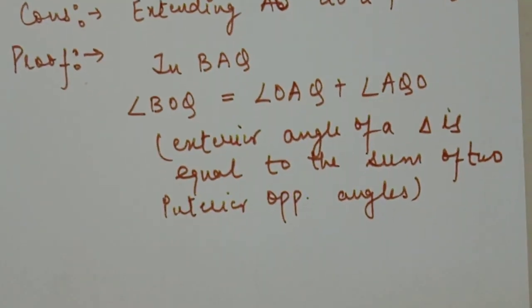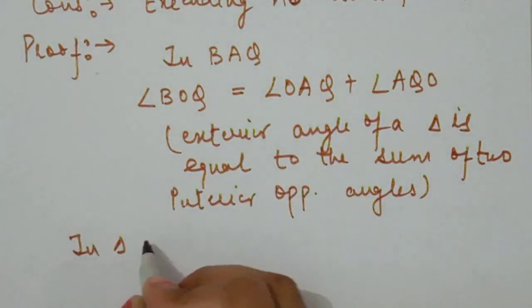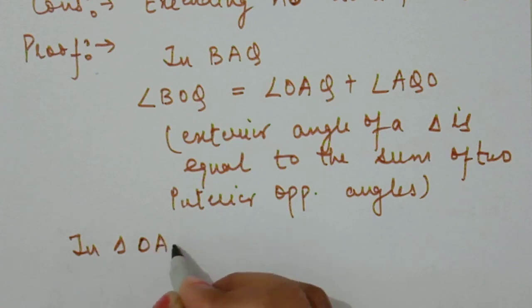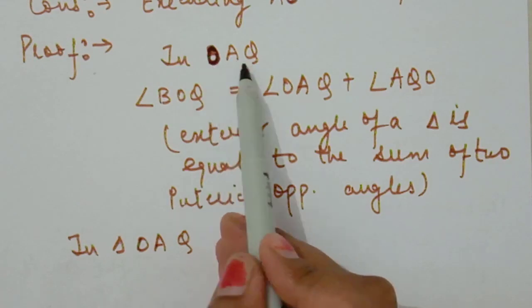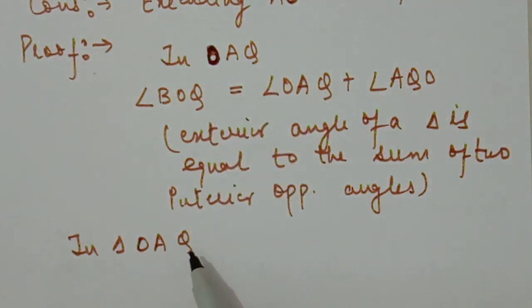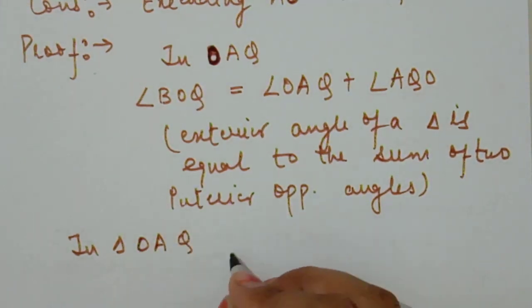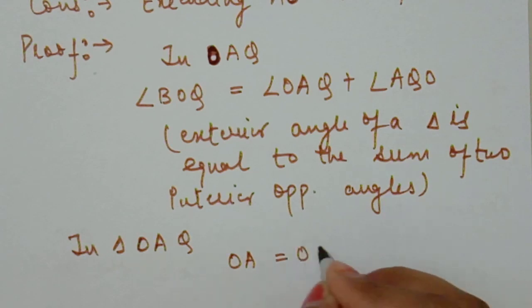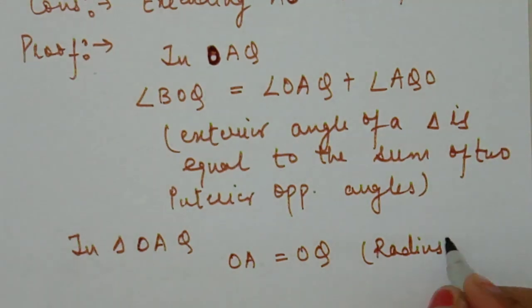Now in the other triangle, triangle OAQ. This is our triangle OAQ, and now we are taking three things. OA is equal to OQ because it is the radius of the same circle.